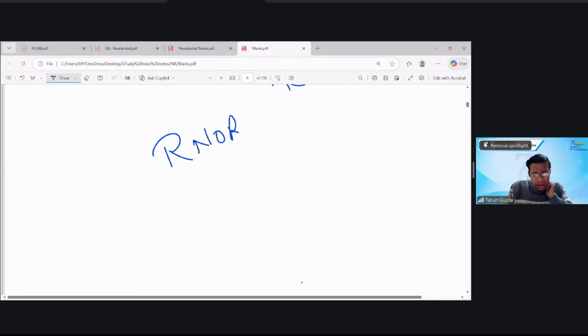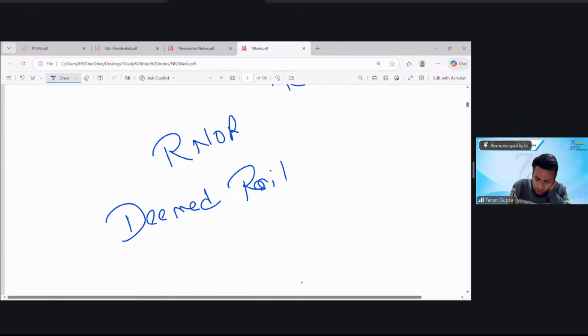Okay. The next amendment, we are doing it fast because I understand you know this. The government brings the concept of deemed residence. What is deemed residence?